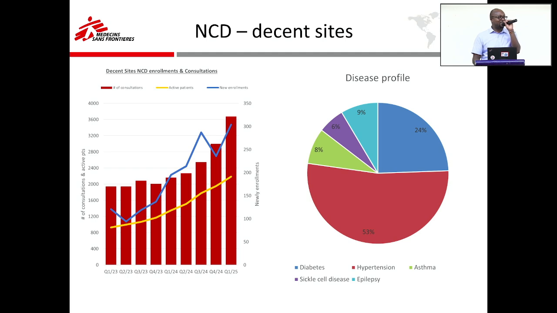So that is how the disease profile looks. You can see 53% of our patients have hypertension, 6% have sickle cell, 9% have epilepsy, and 8% have asthma. For COPD, we only have 1 patient, so I grouped it in asthma. Yeah. Next slide.